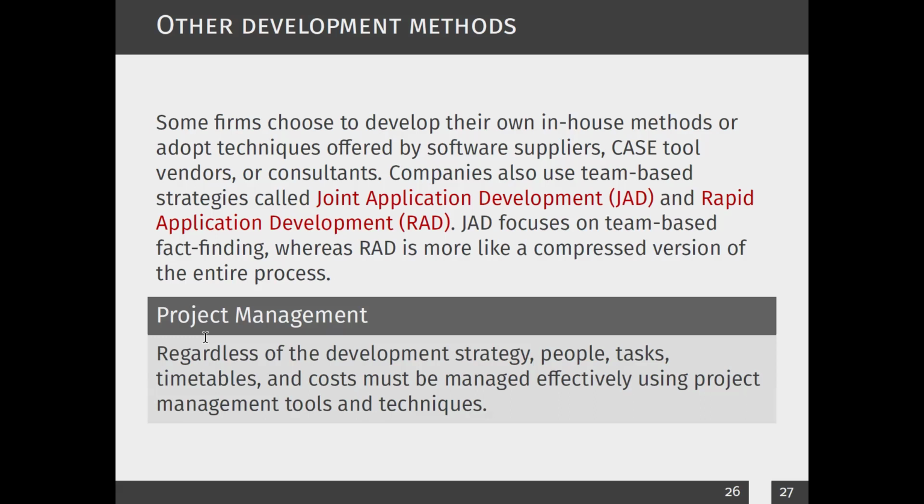And then different team-based strategies are also used, like joint application development JAD and rapid application development RAD. These are two different development strategies, which focus on team-based fact finding, that is JAD, and RAD is a compressed version of the entire process. So those are the development strategies that I wanted to discuss.